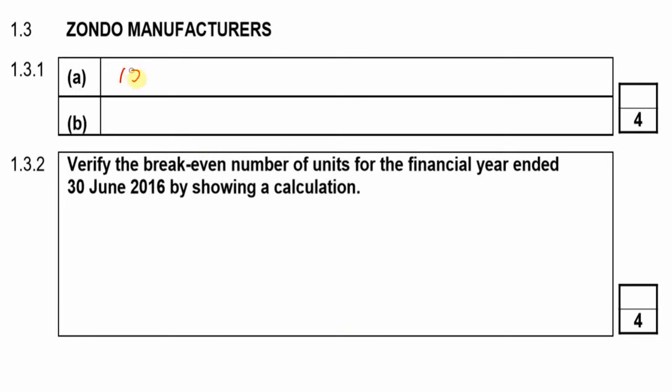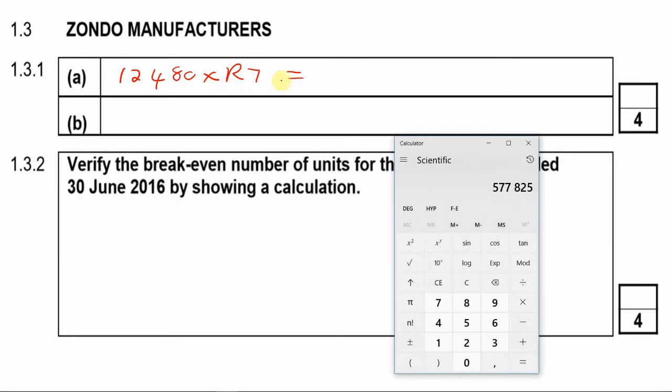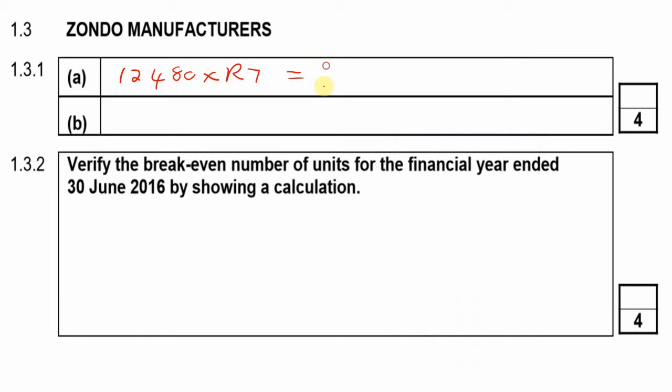So we have 12,480 times 7 Rand, which results in 87,360 Rand.